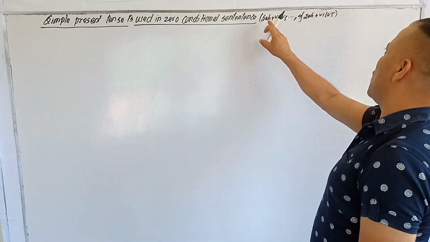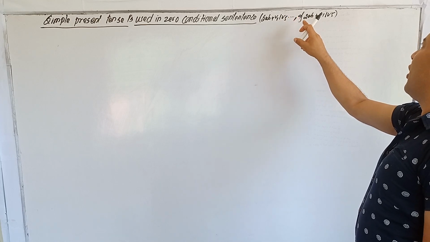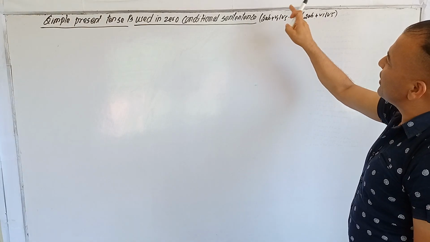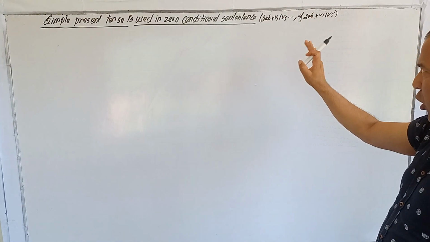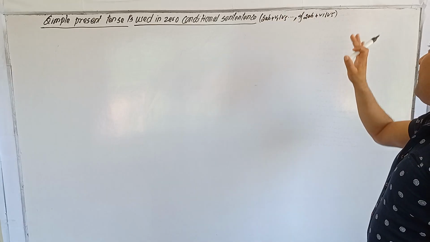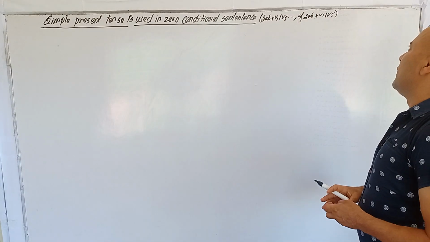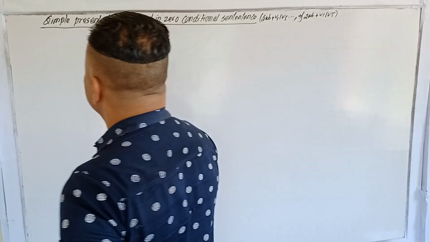This is the structure: subject plus V1 plus object. Or first of all, we have to put if plus subject plus V1 plus object, comma, then subject plus V1 plus object again.